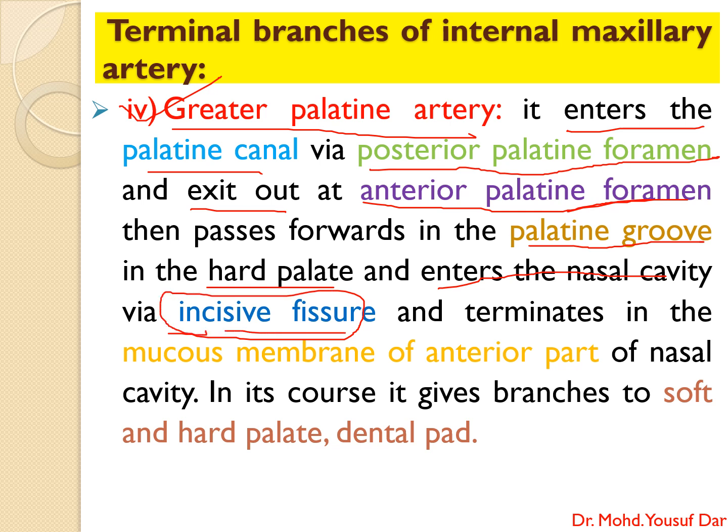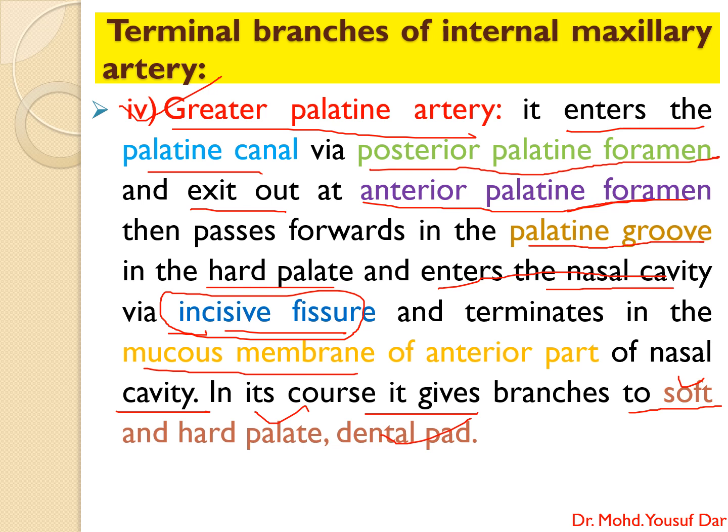Where will it go through the incisive fissure? Into the nasal cavity, and it terminates in the mucous membrane of the nasal cavity. So it supplies the anterior part of the nasal mucous membrane, and during its course it also gives branches to the soft palate, hard palate, and dental pad.